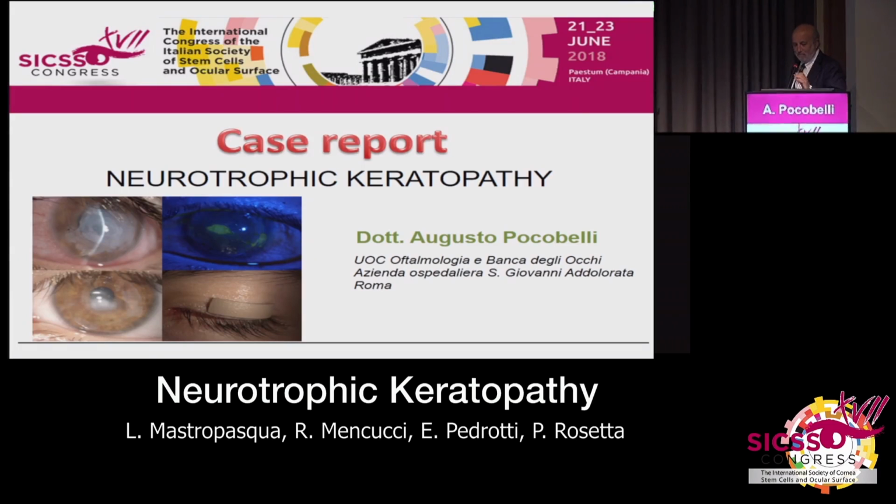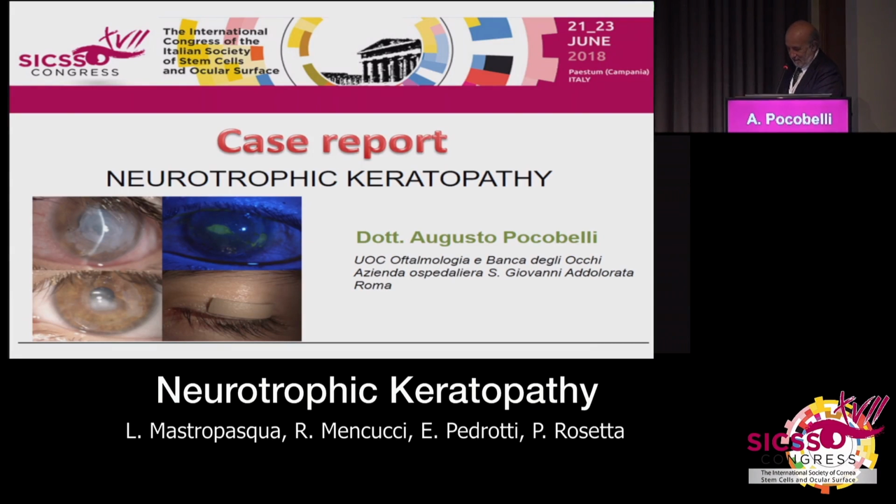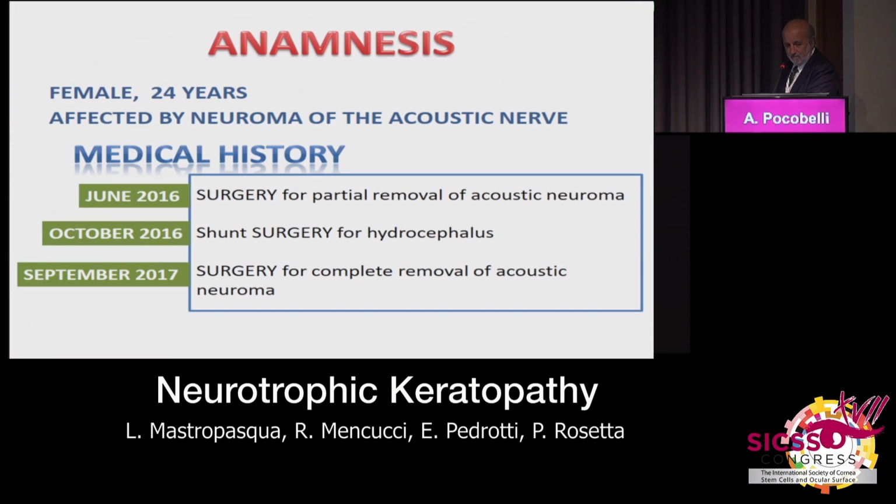Today I'm going to present quite a complex case of a very young patient who came to us after surgery on the acoustic nerve with a very troubled medical history.